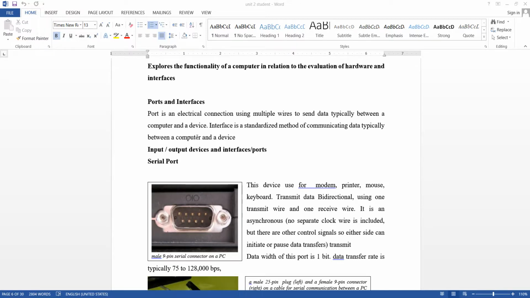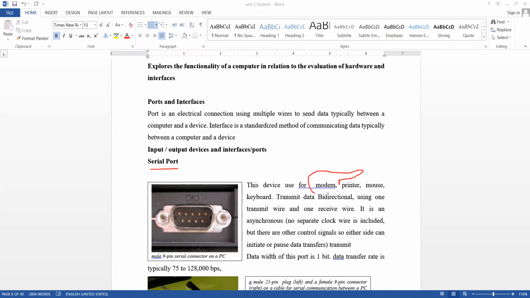So there are different types of port. Now this is the serial port. Remember the names; no need to draw this stuff. You don't get them. Nowadays you can't see a serial port on a laptop. It was used for devices like modems and printers.